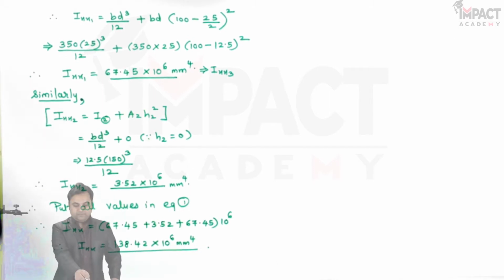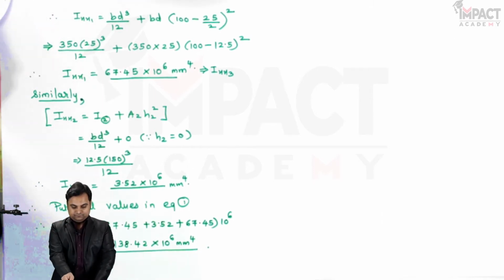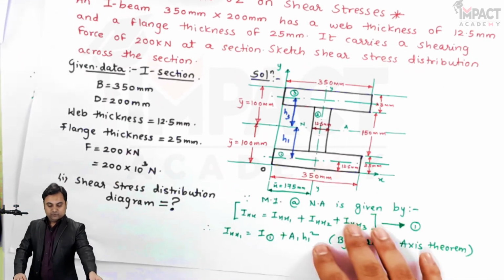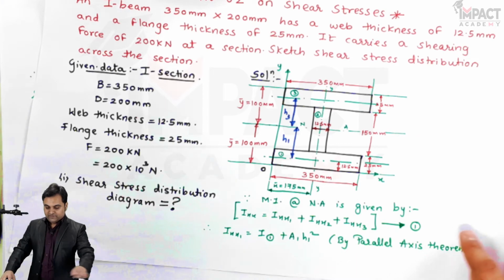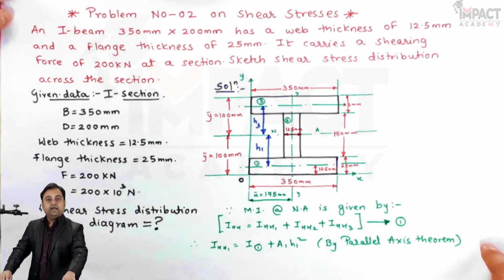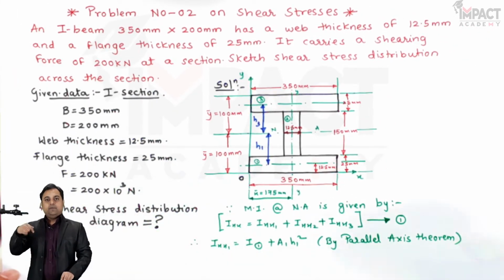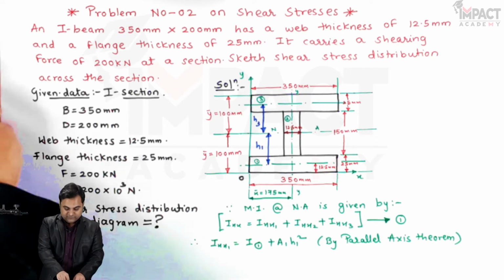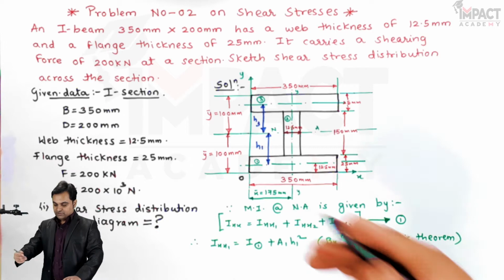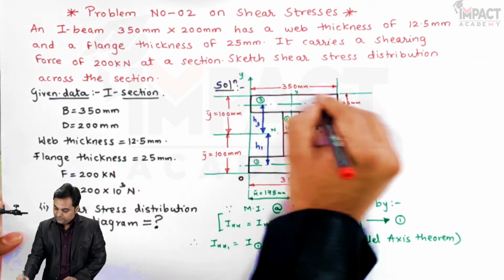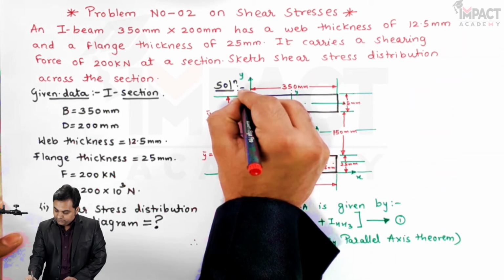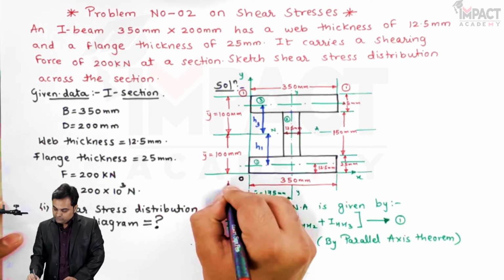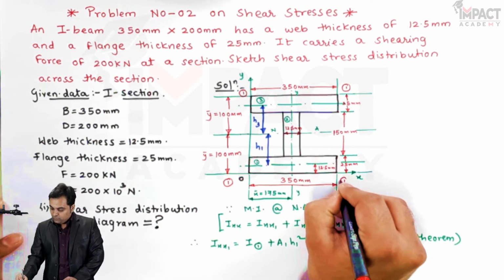Now, after reaching this stage, that is finding the moment of inertia, the next step is, as the question asks, to draw the shear stress distribution diagram for this I section over its depth. So here I would be defining the layers over which we are going to calculate the shear stress. This would be the first layer at the top, denoted by 1 1. Similarly at the bottom also I denote it by 1 1.